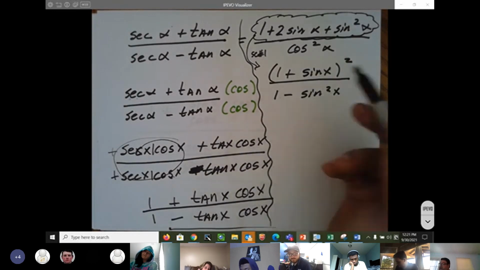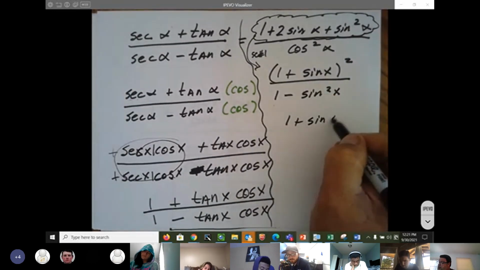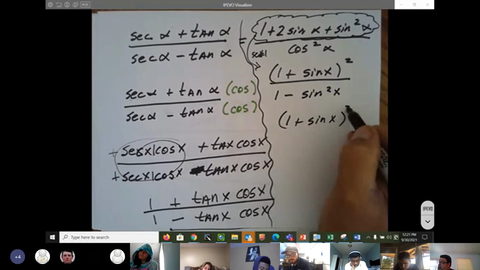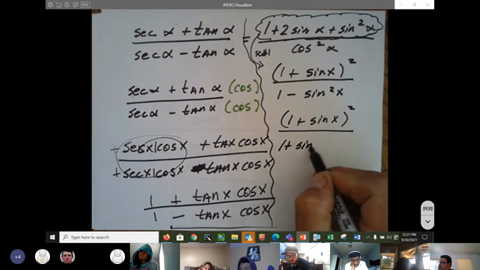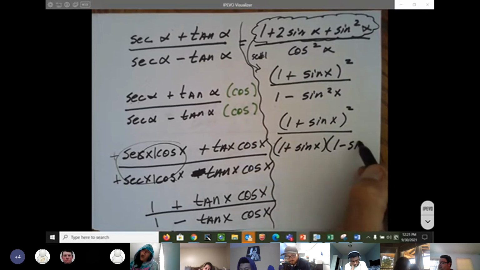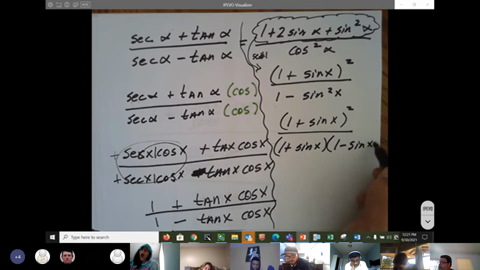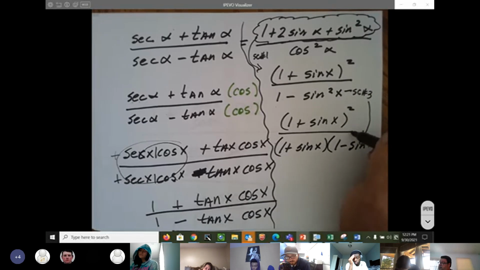And this equals 1 plus sine squared over 1 plus sine times 1 minus the sine. And that's shortcut number 3. So shortcut number 3 is from there to there.